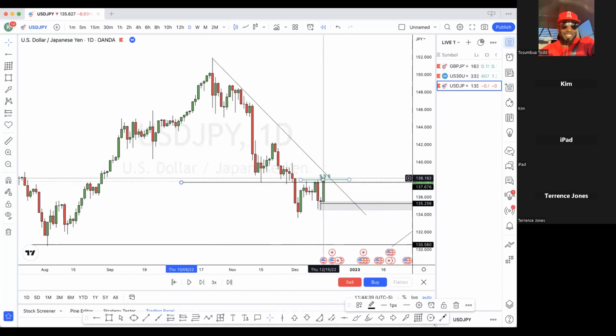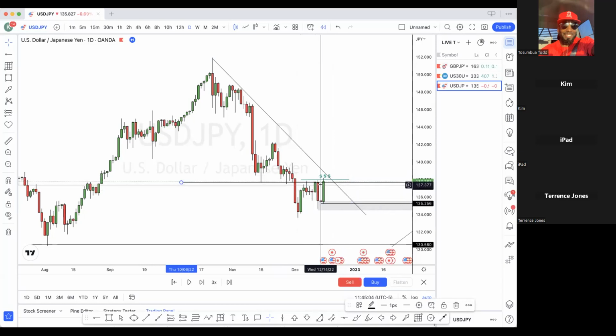Once this pulled back to my entry, me personally, I probably would have just put in a limit and then let it play out. But if you're not comfortable with doing that, it pulled back to retest your area, right? Gave you a bearish order block.